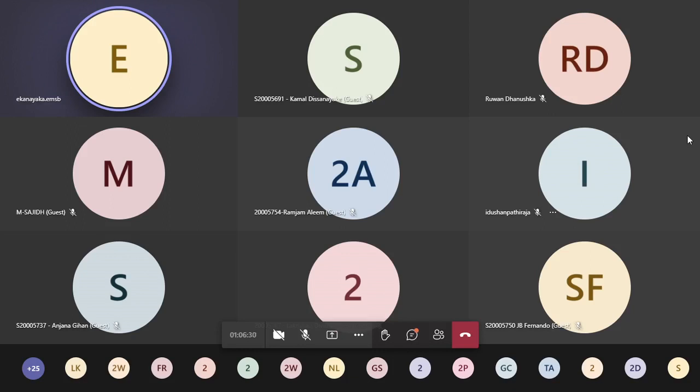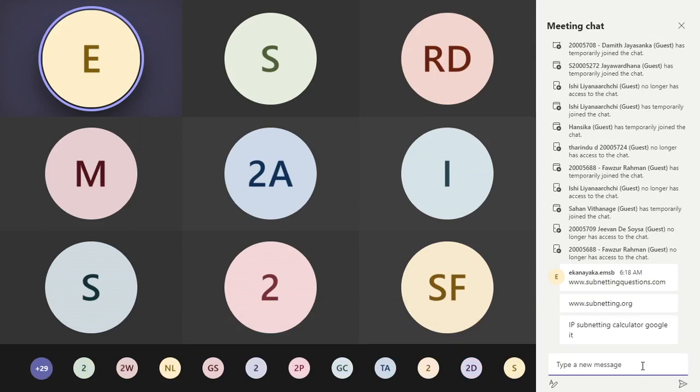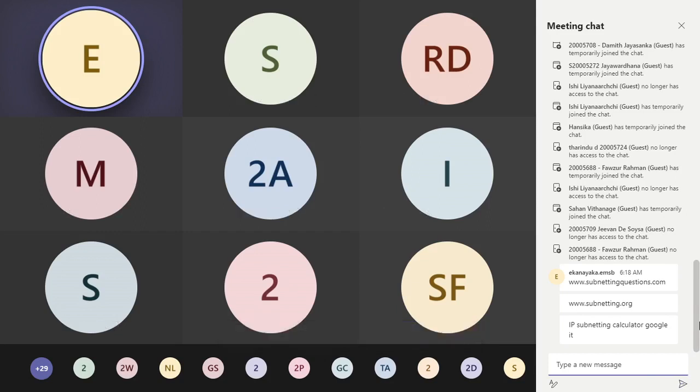By using this calculator, you can straight away get the results that we have done manually, so it will be more convenient for you. These are some of the options available to minimize your time and do it fast, and keep the accuracy at 100%. So you can use these tools for subnetting. Please refer to the chat box. I have typed and sent it to you, so you can refer to those sites and practice.